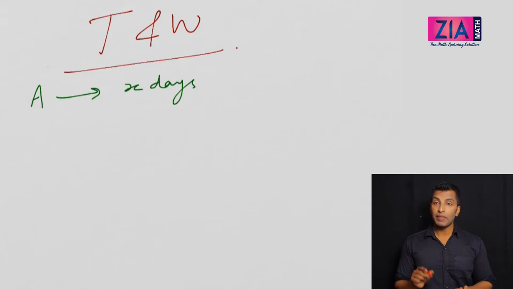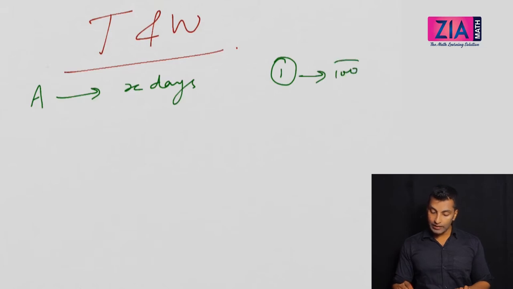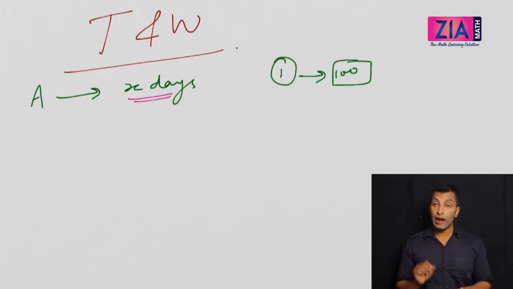What does this mean? In one day he can complete how much work? You need to assume that one full work means 1, or later we will understand it in a percentage way. One work to be completed means you will have to complete 100% of the work. So if A can finish a work in X days, in one day he will complete 1 by X of the work.